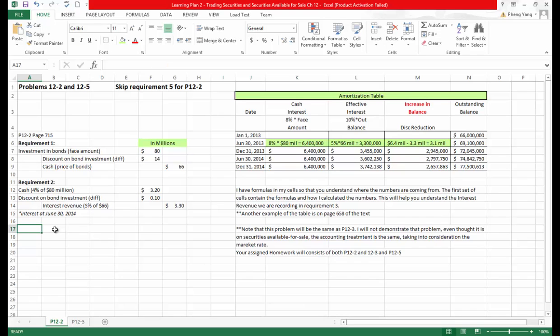All right, so in requirement 3, it's asking us to prepare the journal entry by Fuzzy Monkey to record interest on December 31st, 2013 at the effective rate. Okay, so here's where the amortization table comes in. And I'll show you which numbers to use or how to do it.